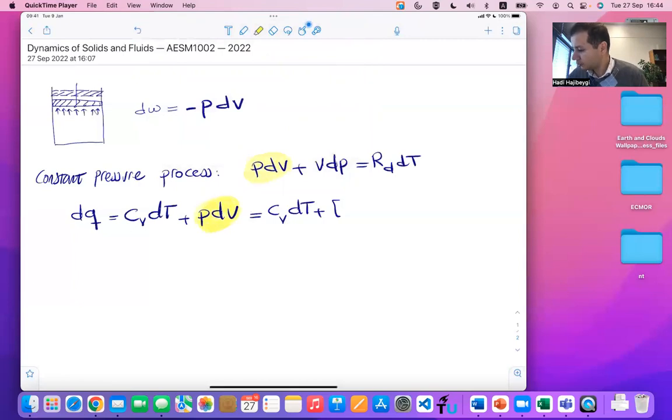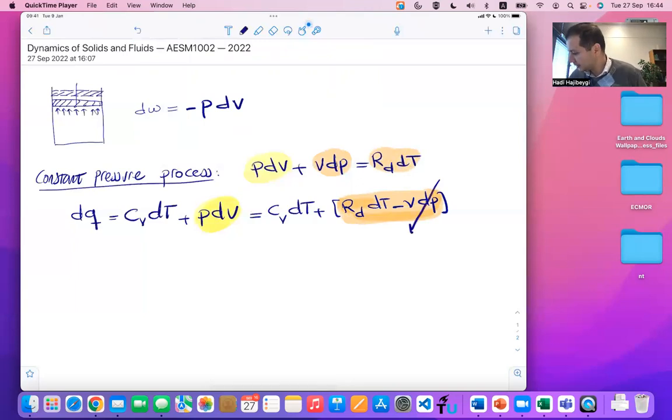And so I would like to write it as R dT minus v dP, because that's precisely the term that remains here and is equal to P dv, this term and that term. Very nice. Isn't it? Constant pressure process, that would mean that dP is zero.